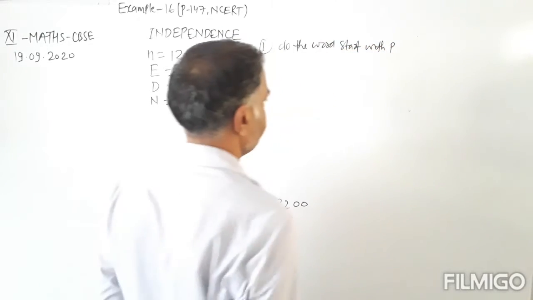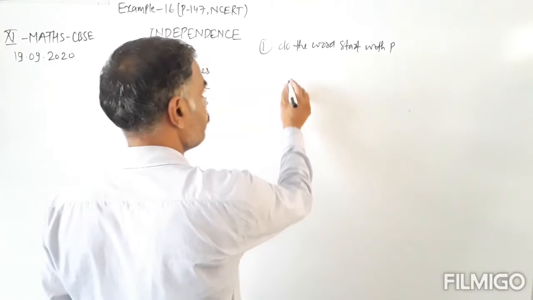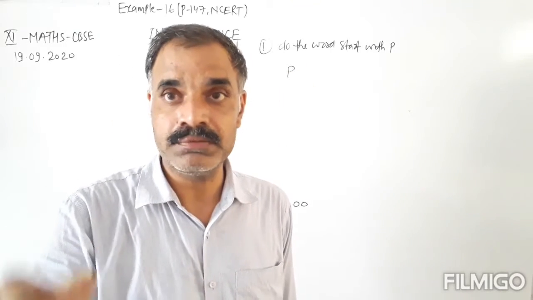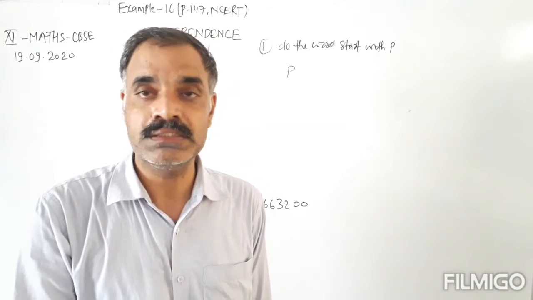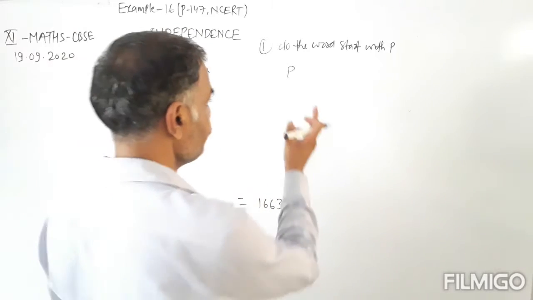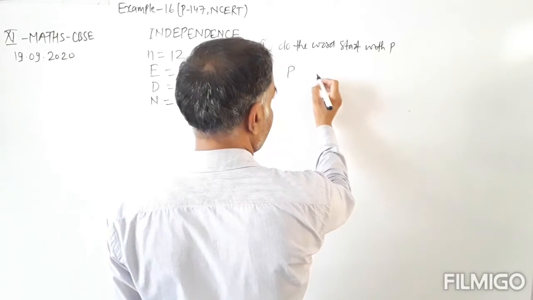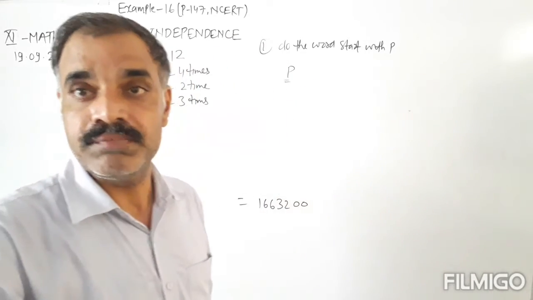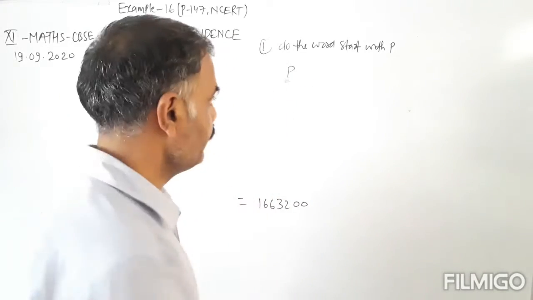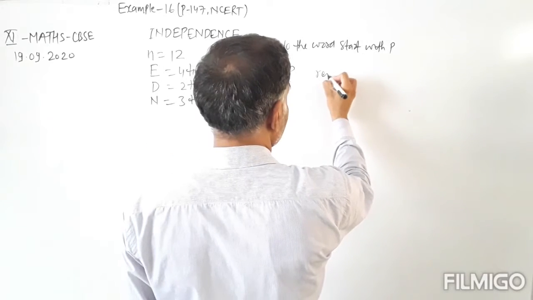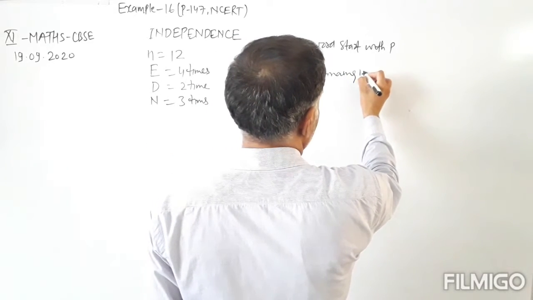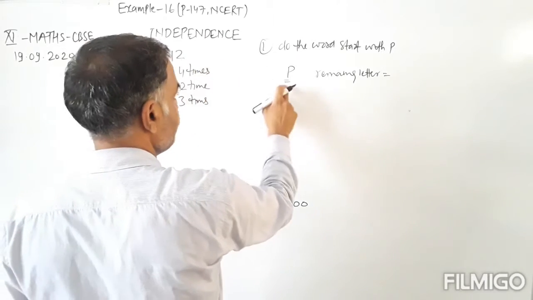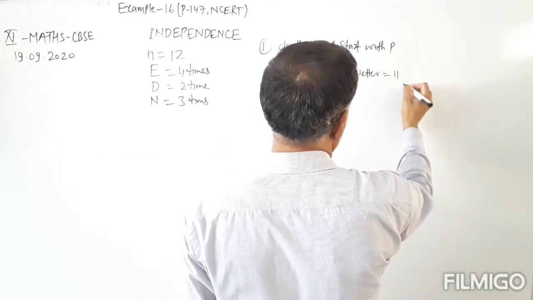Words starting with P means we have to fix the letter P in the first place, at the extreme left. After that we have to arrange the remaining letters. Total 12 letters, P is fixed, so the remaining letters are 11.